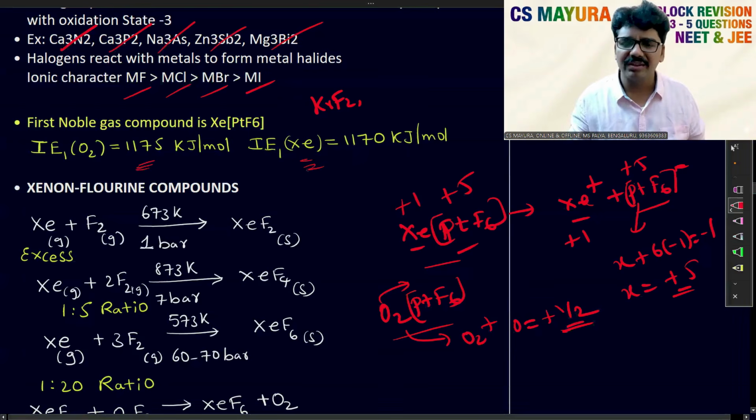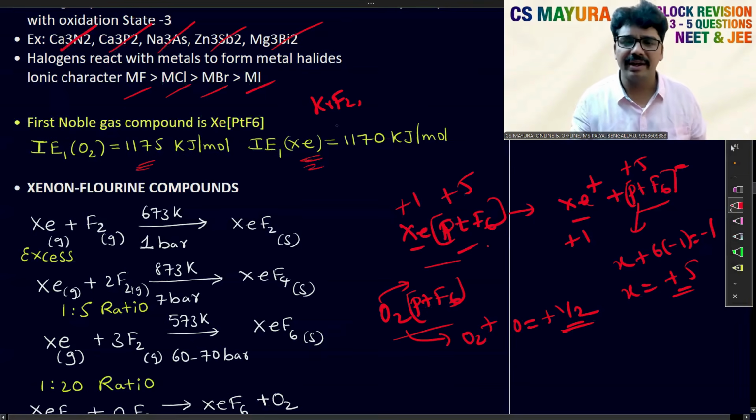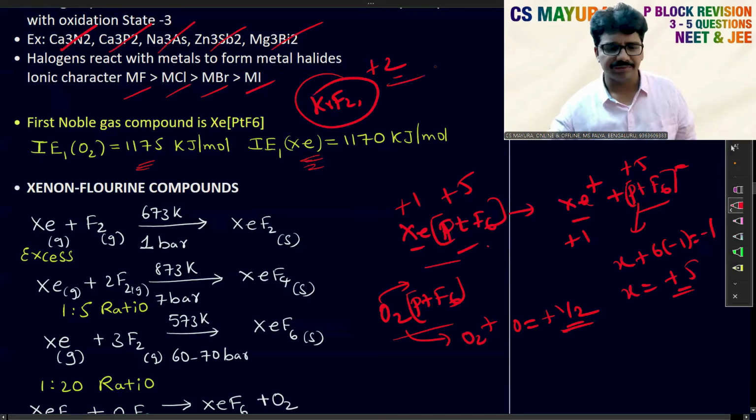He started doing research on xenon and succeeded in forming a new compound, xenon platinic fluoride. Once it was formed, many compounds were prepared and identified, right? Till now, xenon has oxides, fluorides, oxyfluorides, and krypton has KrF2, whose oxidation state is +2.